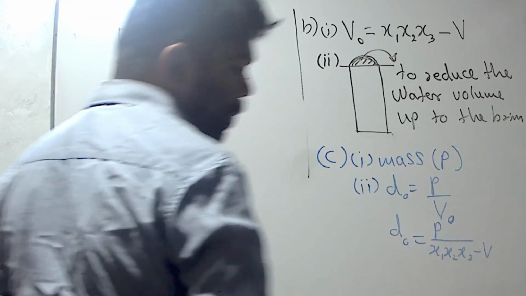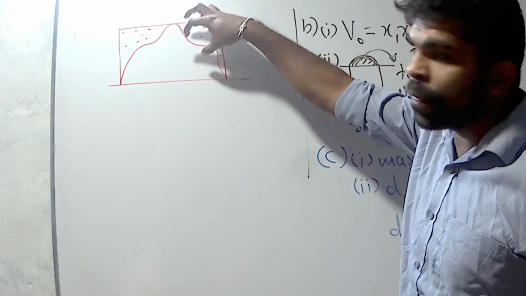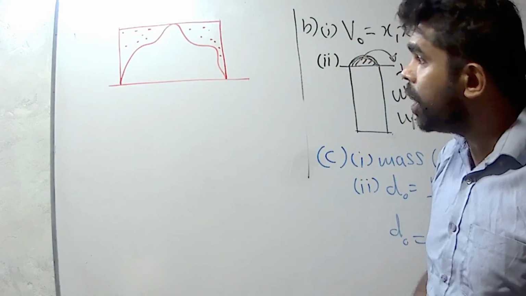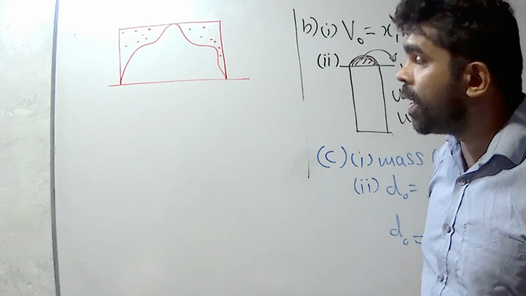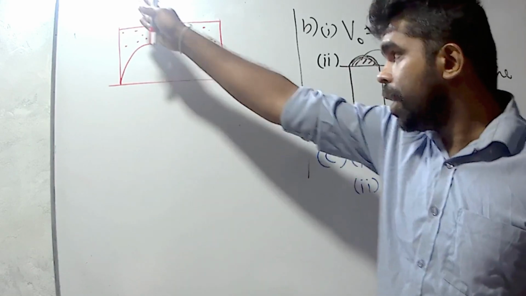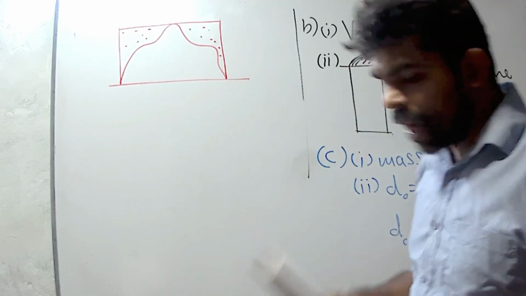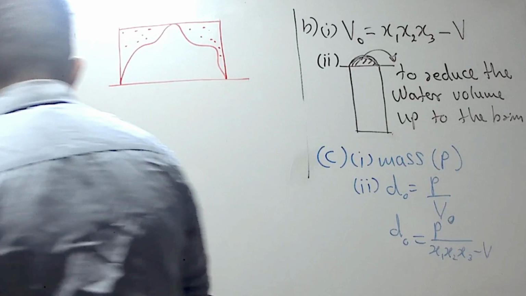If we know the volume of the container and the sand volume we have used, then we can find the volume of the rock by subtracting the sand volume from the volume of the container. Then we have to write the steps.